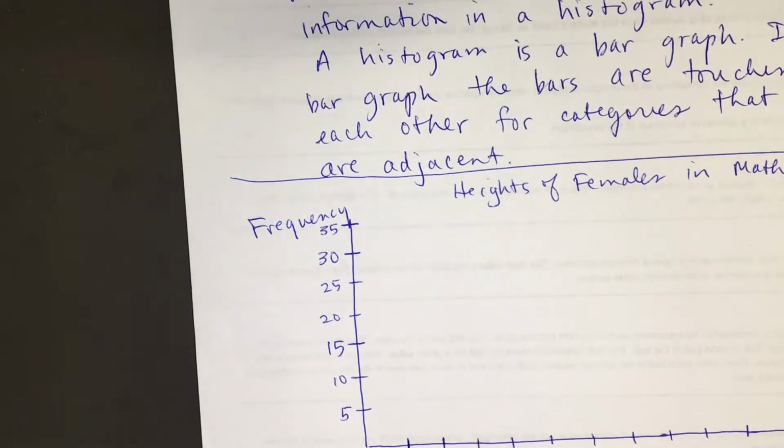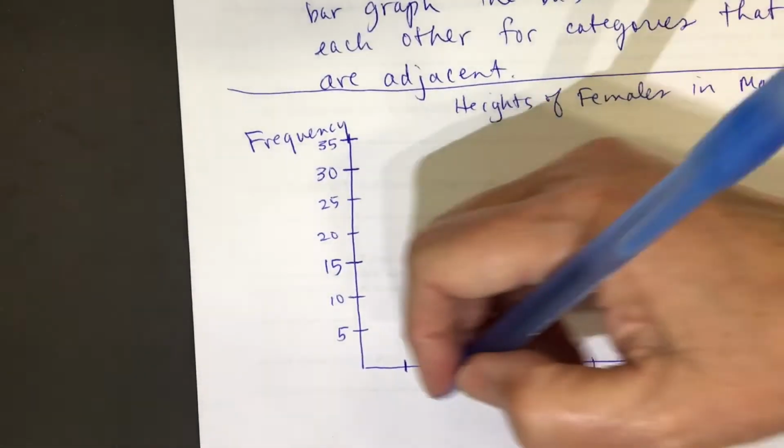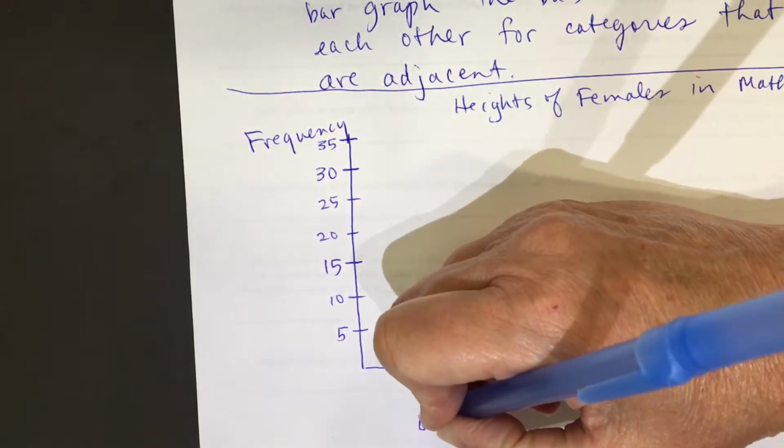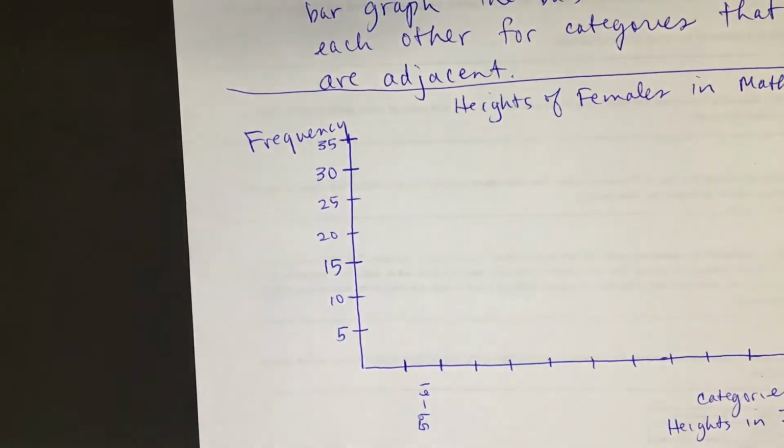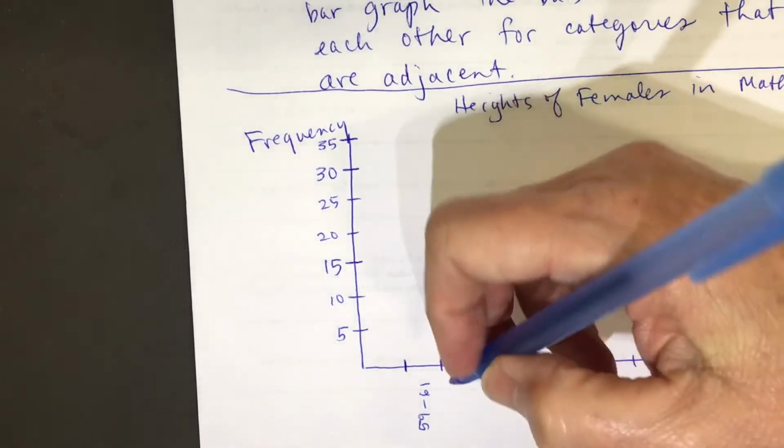My first category is 59 to 61. I'm going to write it sideways. You might see sometimes they might just put 59, then put the start of the next one right here where they write 59, 62, 65. We could do it that way as well.